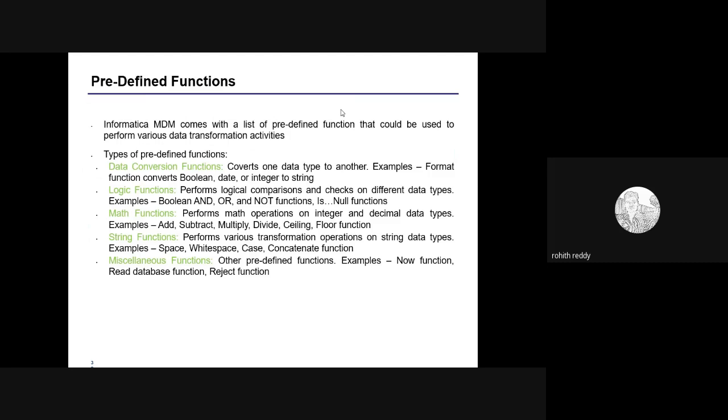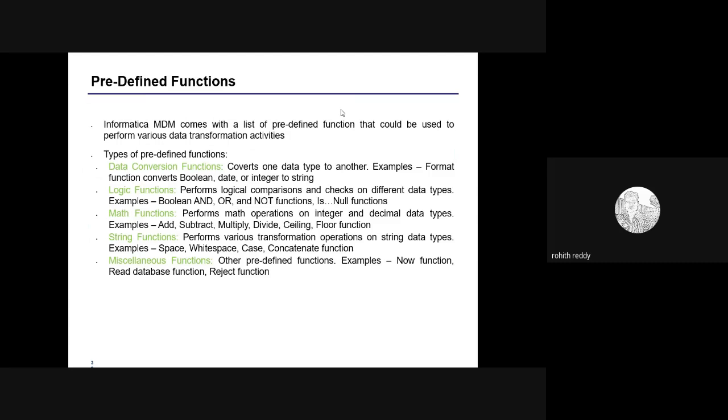Okay, and math functions, concatenation, subtraction, multiplication, string functions like trimming of space, concatenation, and miscellaneous, like in order to stamp any time or date. So we use the now function, and the reject function to reject the records if it satisfies the condition. And the read database function.